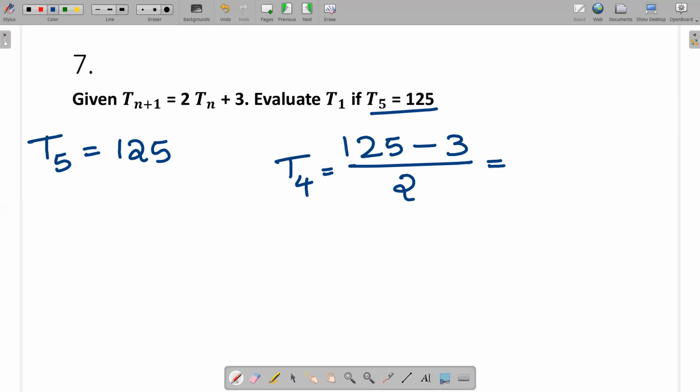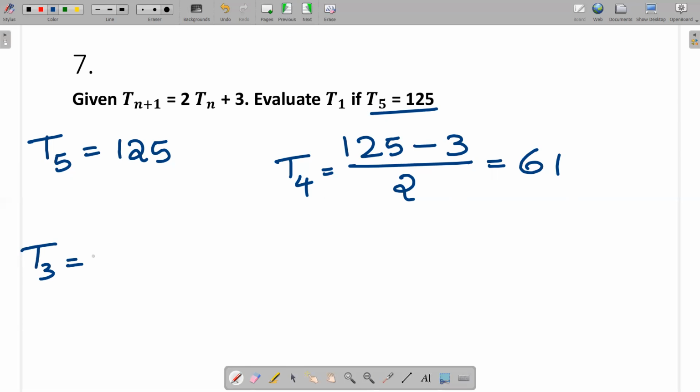So we can see T4 is 125 minus 3, that is equal to 122, divided by 2, that is equal to 61. So thus you got T4. Now, what about T3?